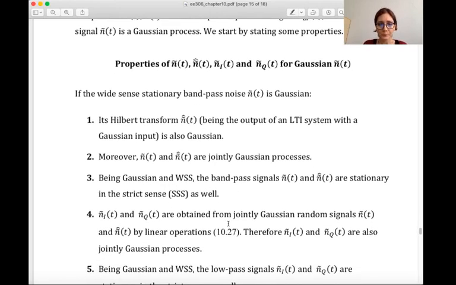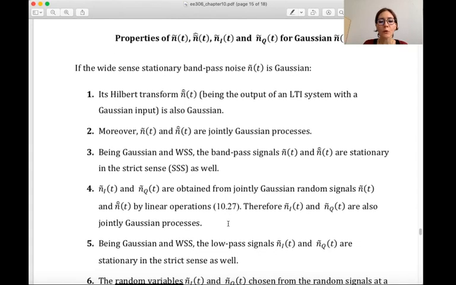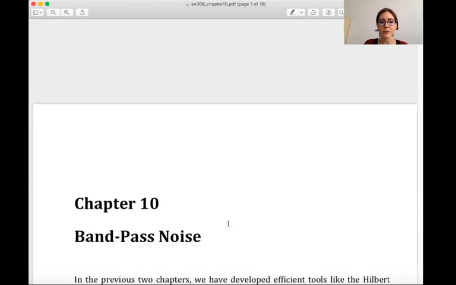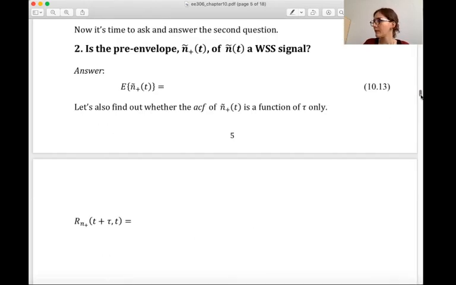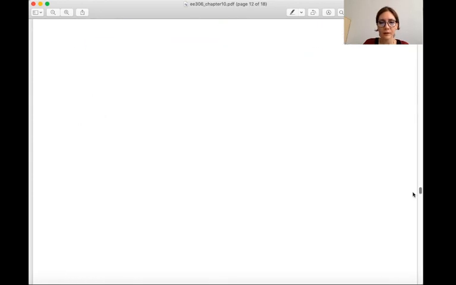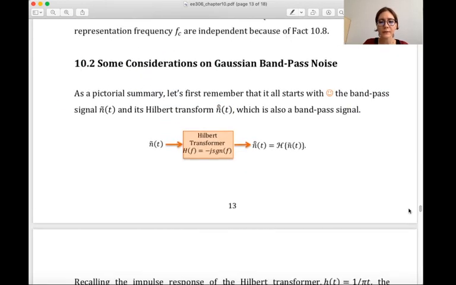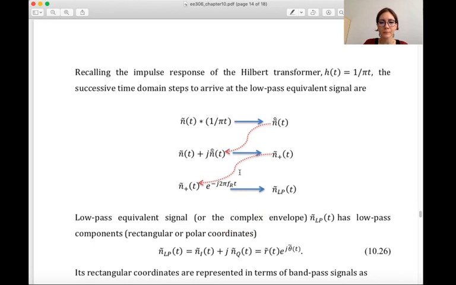For the moment, we won't immediately go into the processes N_LP and N plus. Instead, we will focus on the in-phase and the quadrature components of N_LP. One reason is the following. We are studying real-valued processes right now.